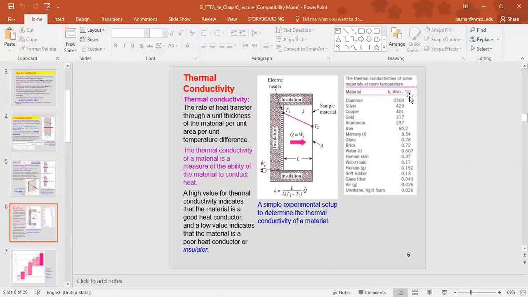So it's the same whether it's in Celsius or Kelvin for delta T. Let's check copper and silver. We notice from here that good electrical conductors, such as silver and copper, are also good thermal conductors.